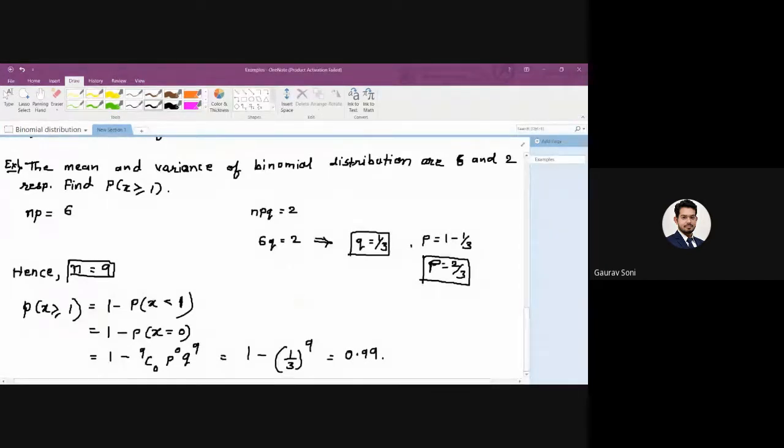Fine. So I will start with the new probability model, which is the Poisson distribution.